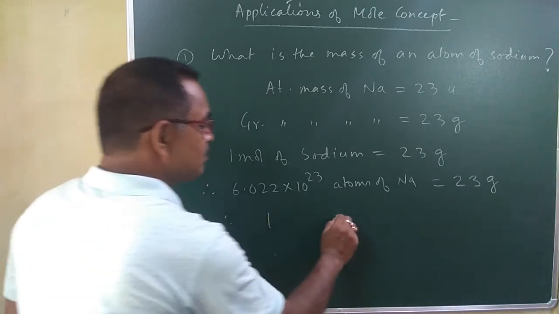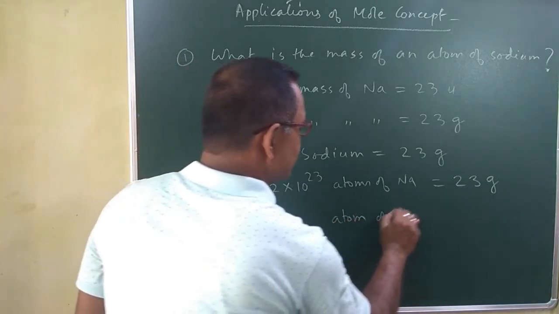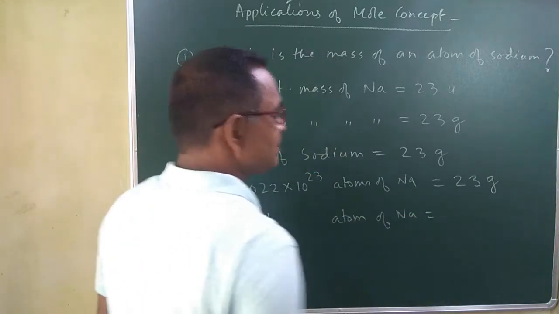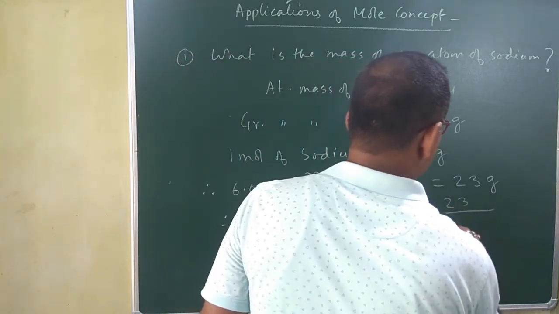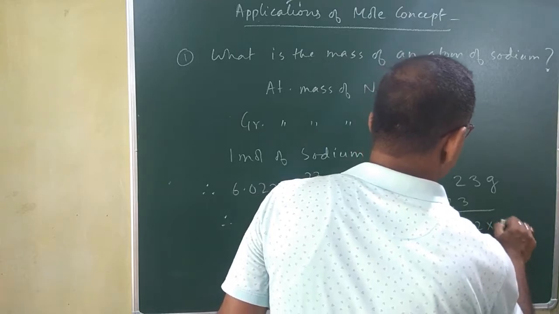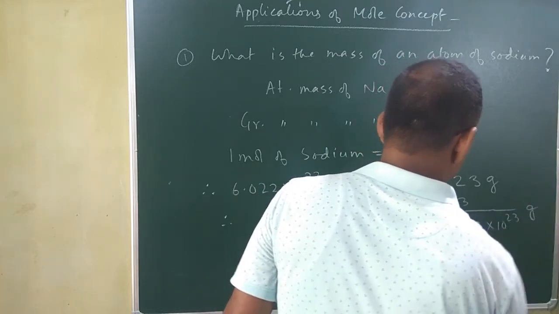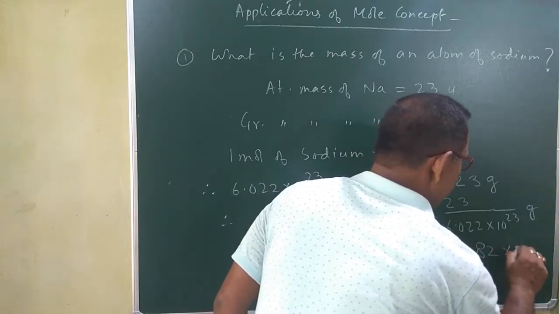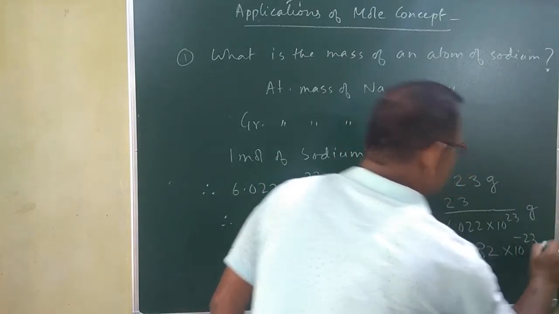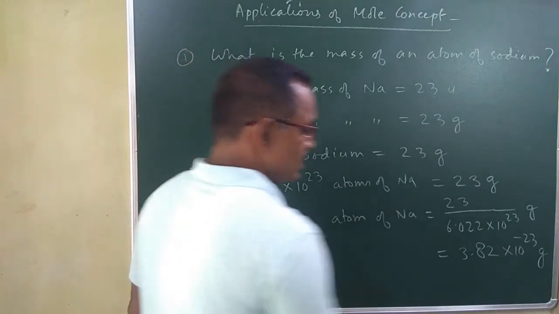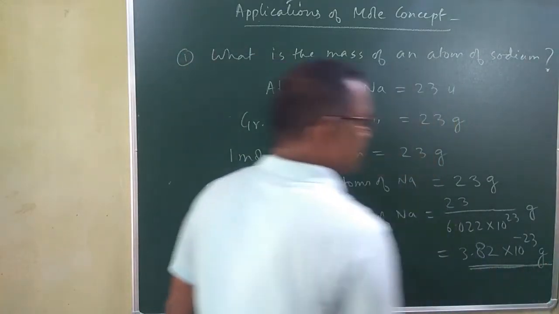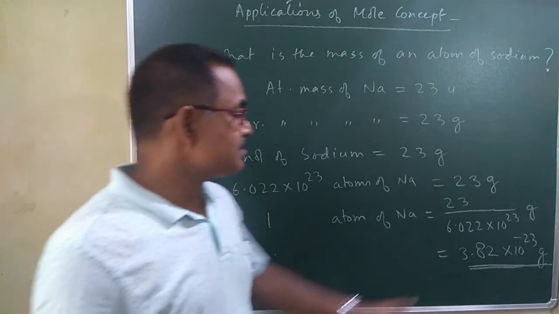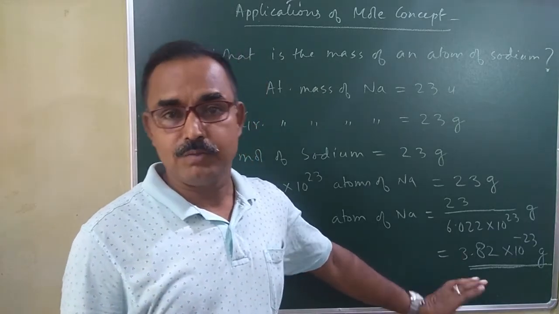Therefore, mass of one atom of sodium will be 23 divided by 6.022 times 10 to the power 23 gram. This will be 3.82 times 10 to the power minus 23 gram. This is the absolute mass of an atom of sodium.